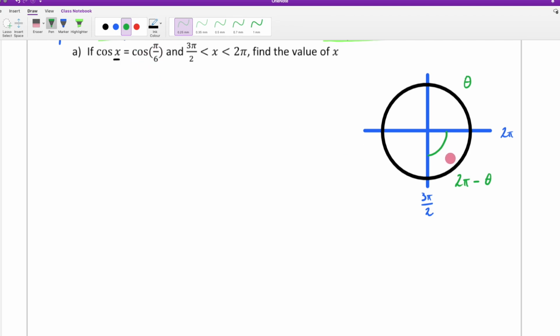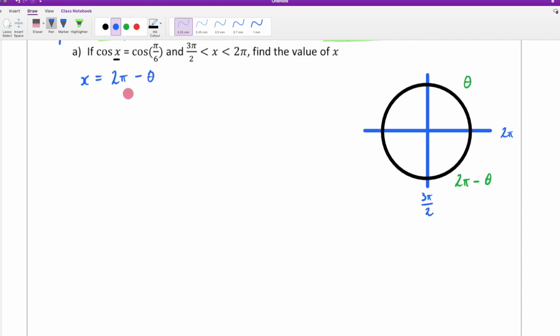So they're limiting us to our fourth quadrant. We know that x, this x right here, is going to be 2 pi minus theta. So let me write out that x is going to be equal to 2 pi minus an angle.